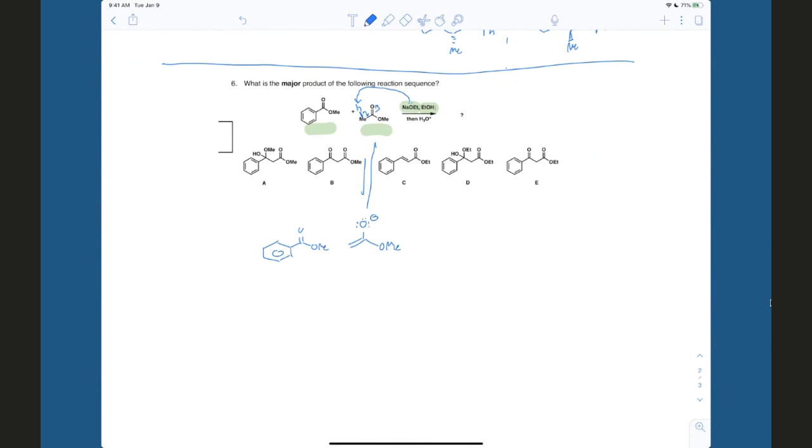And this will follow the same idea. We have an even stronger nucleophile. This will attack an ester. I'm just going to say phenyl, so I don't keep drawing that out. So this is a tetrahedral intermediate that we have seen before in class.